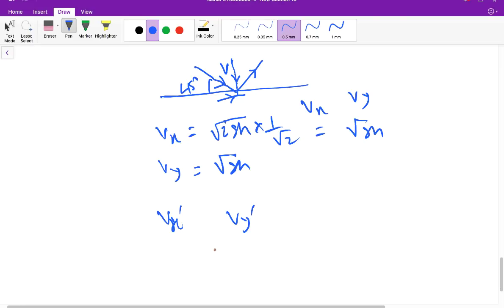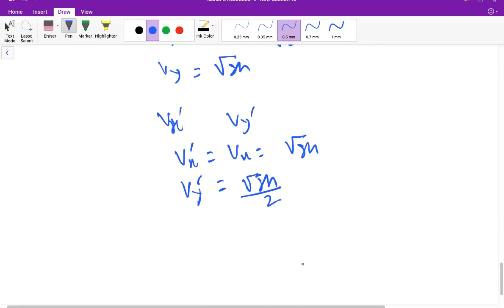So our Vx prime should be equal to Vx, that will be root gh. On the other hand, Vy prime will be equal to root gh divided by 2 because the coefficient of restitution is half. So let's say Vx prime is v prime cos theta, and Vy prime is v prime sin theta.